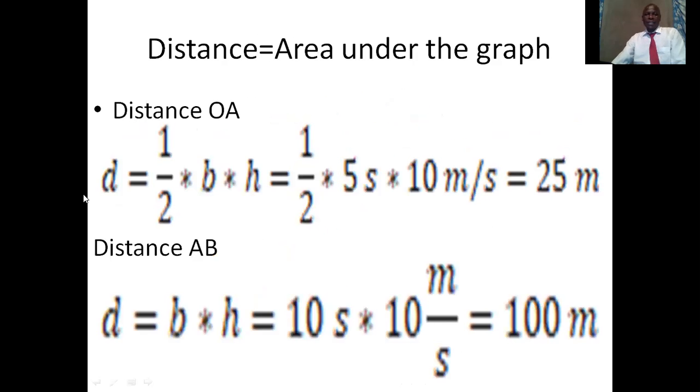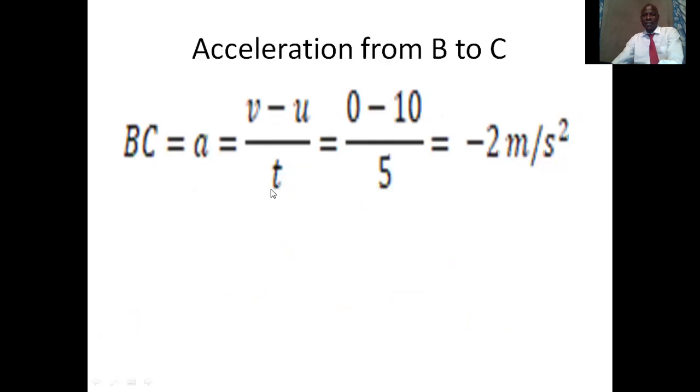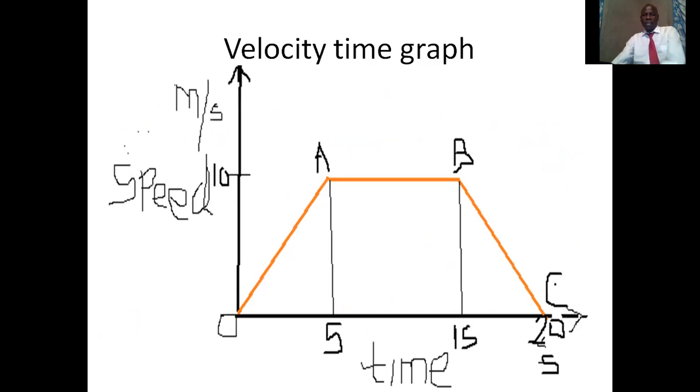The distance for triangle OA is given by calculating the area of a right triangle, which is half multiplied by the base multiplied by the height. Here the base would be 5 and the height is 10.